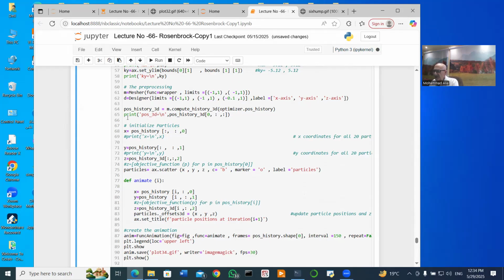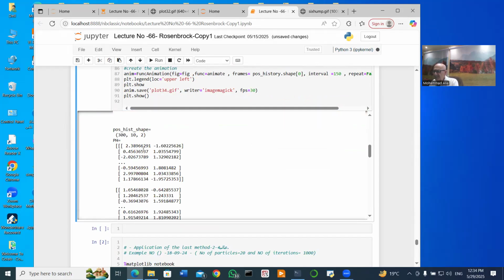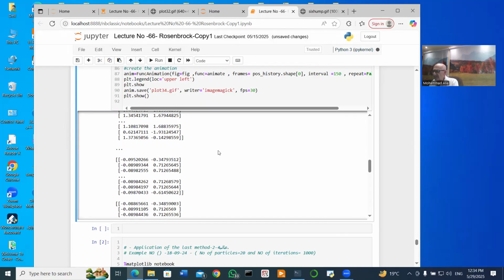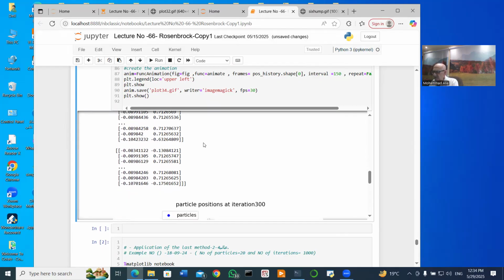This is done by Pyswarms. So if I print position history 3D and I print only position history, I shall get for position history 2 columns, but for position 3D, I will get 3 columns. If I go downwards here, this is position history PH. This is the X, the first particle, X and Y. The second particle, X and Y, and it continues up to, I think it is about 300 iterations.